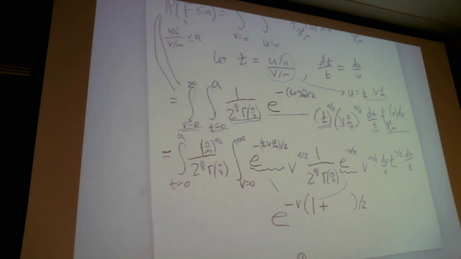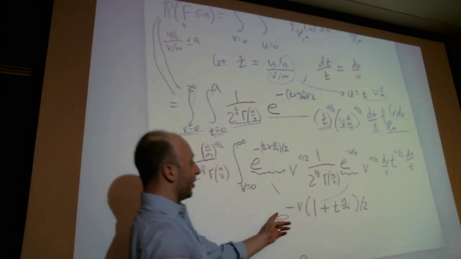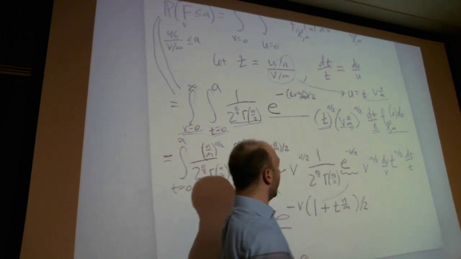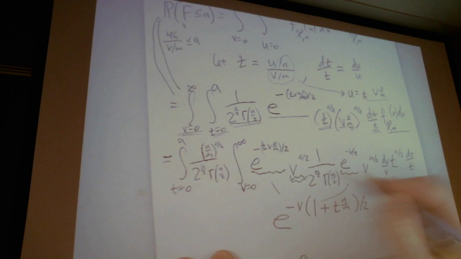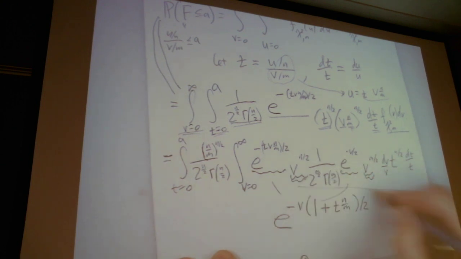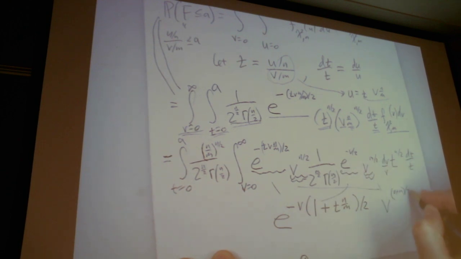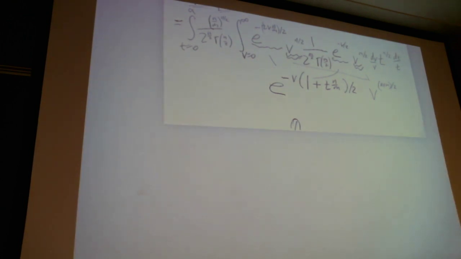Dylan? 1 plus t n over m. Yes, and the v I've pulled out, so just n over m is left. Okay, that's the exponential term. And then there's a polynomial term. Let's grab that too. The polynomial term is v to the power n over 2 and m over 2, so that's n plus m over 2. Is everybody happy with that?